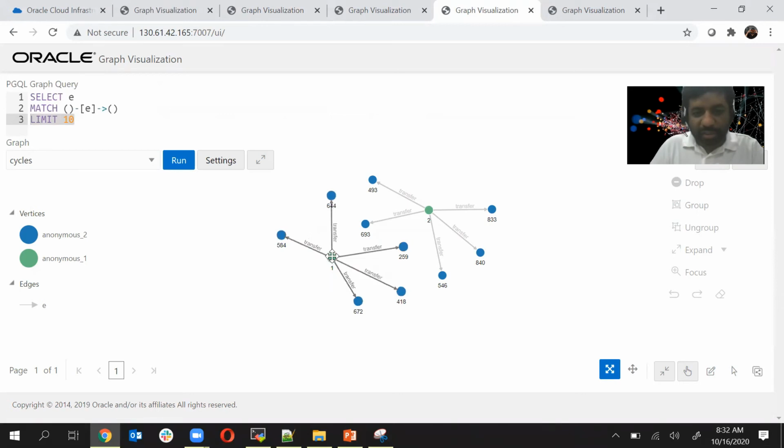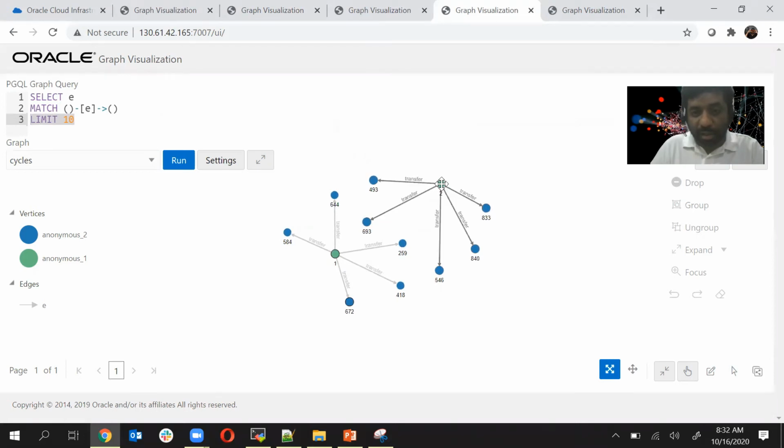It says that from account ID 1, there is a transfer to 584, 644, 259, 489, 672. So 5 transactions here, and from account number 2, another 5 transactions transferred to different people.